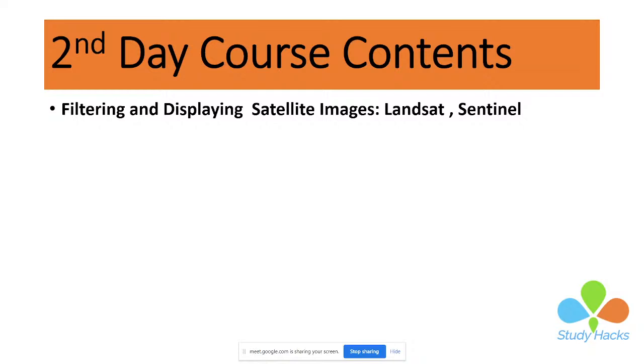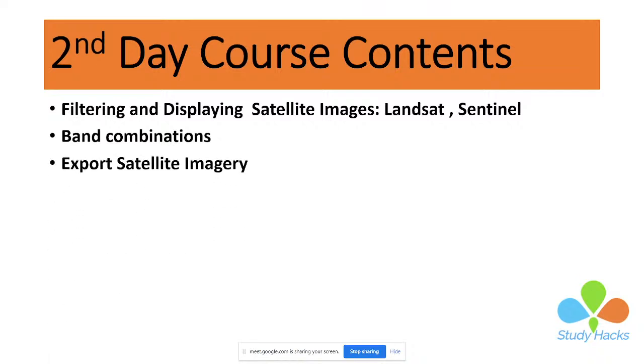Today we discuss how you can filter and display Landsat and Sentinel images for your specific region. Then we also discuss different types of band combination, such as false color and true color band combination.